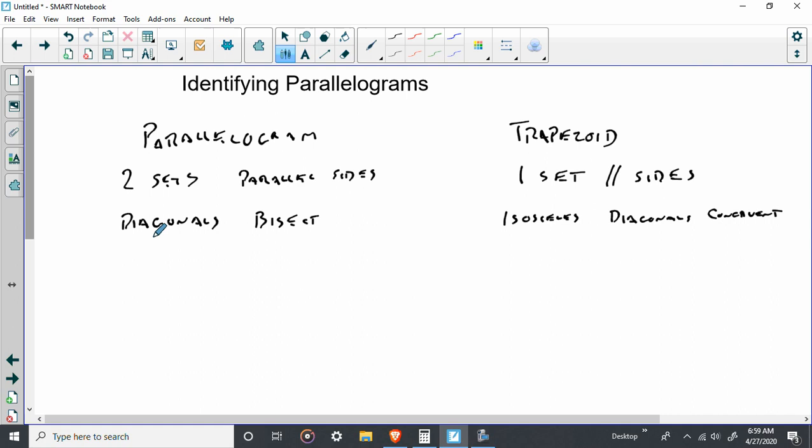Okay. A parallelogram has opposite sides that are congruent. Okay. And again, I'll say an isosceles trapezoid has one set of congruent sides.